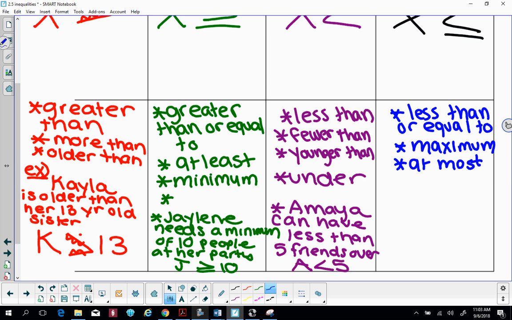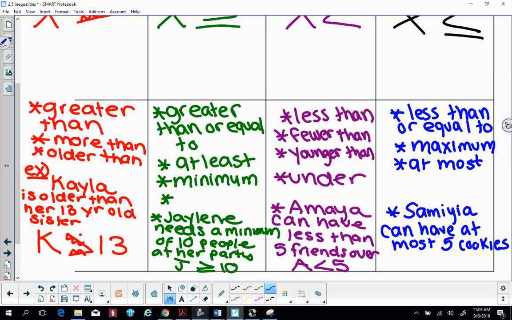No. Could she have 1 cookie? Could she have 3 cookies? She could have equal to it, right? So here's Maya, and she can have at most 5 cookies. So she can have less than or equal to 5 cookies.